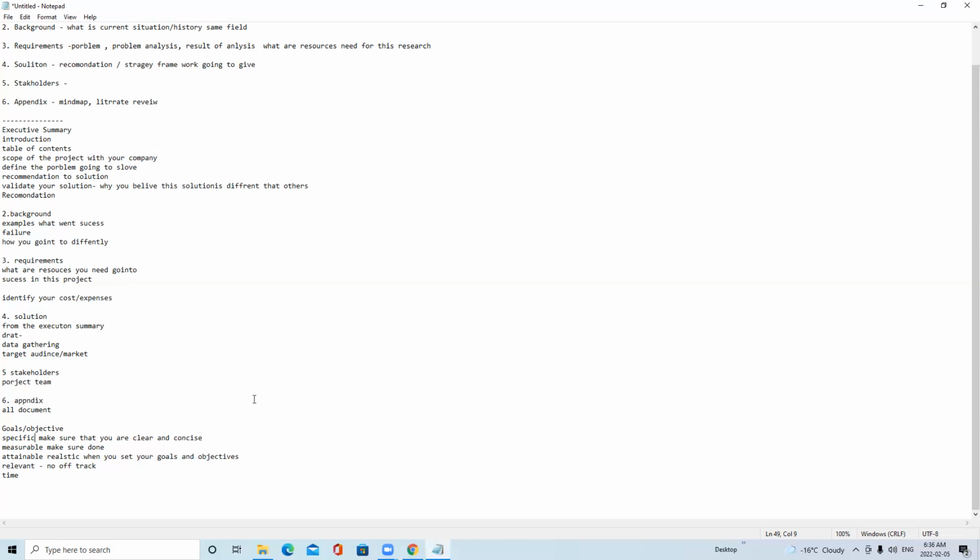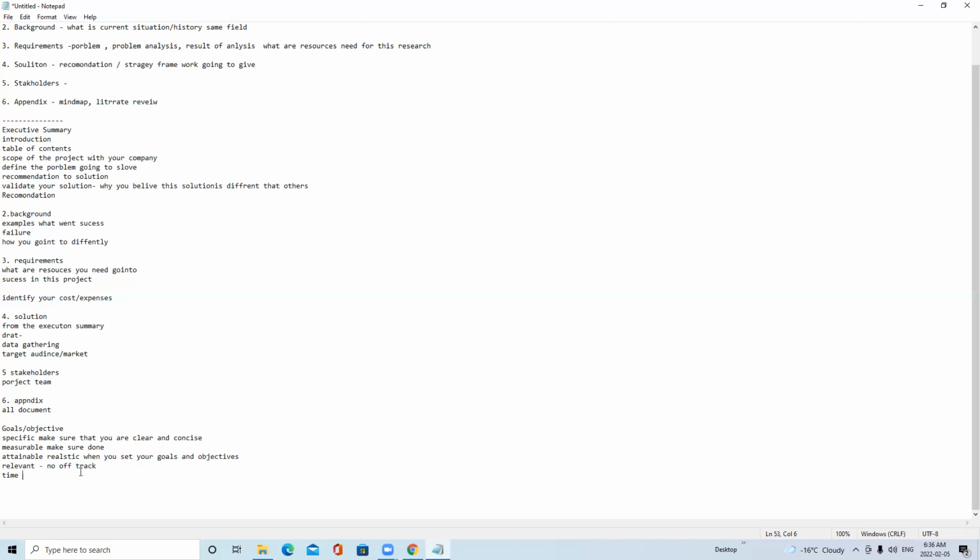Most of the students I have seen, if they don't set their mind map perfectly, they will go and start on things irrelevant to their topic. That's the purpose of this mind map. When you set it up, it should not be off track or non-relevant, so it should be relevant. And the last one, I am talking about time.